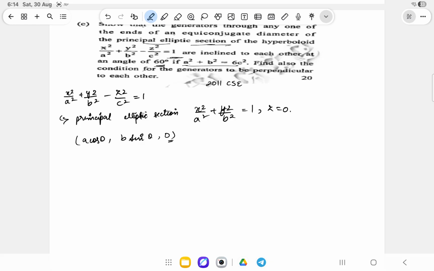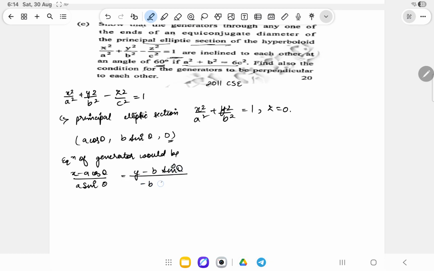So the equation of generators would be x minus a cos theta upon a sin theta is equal to y minus b sin theta upon minus b cos theta is equal to z by plus minus c.